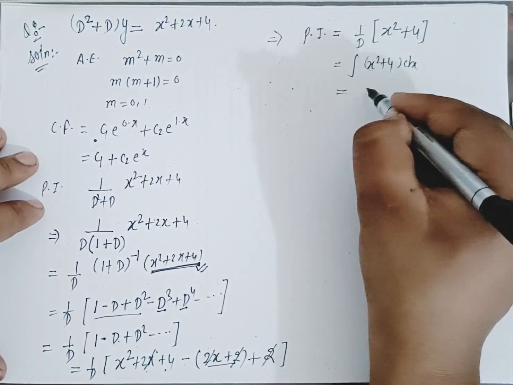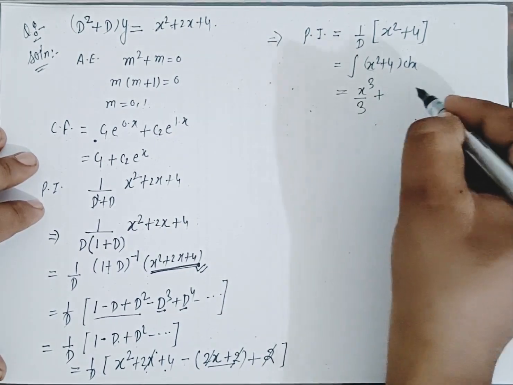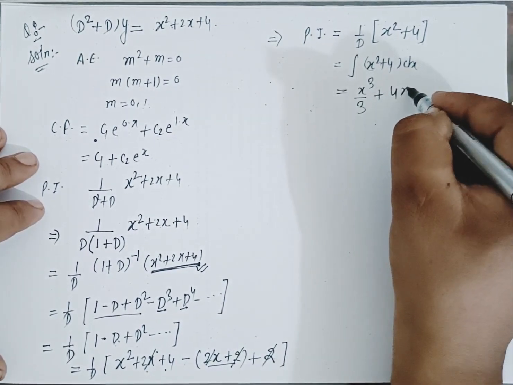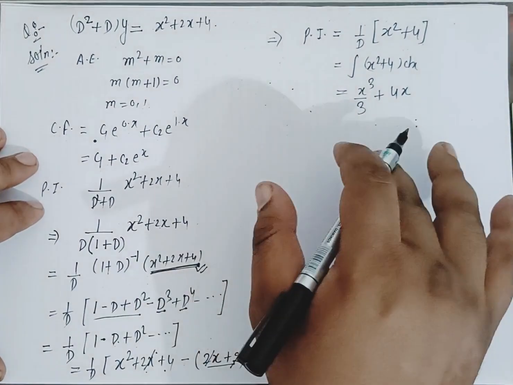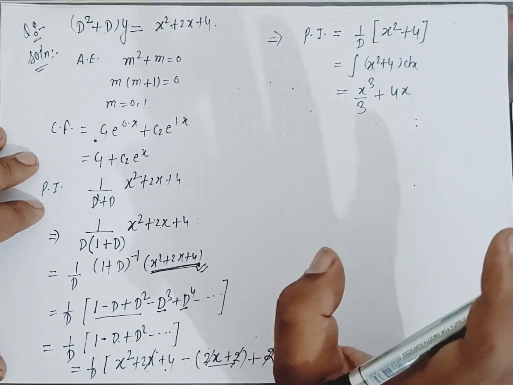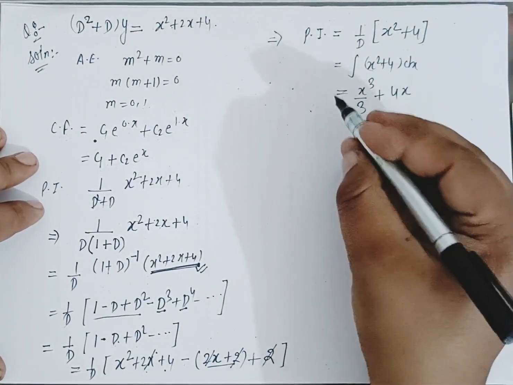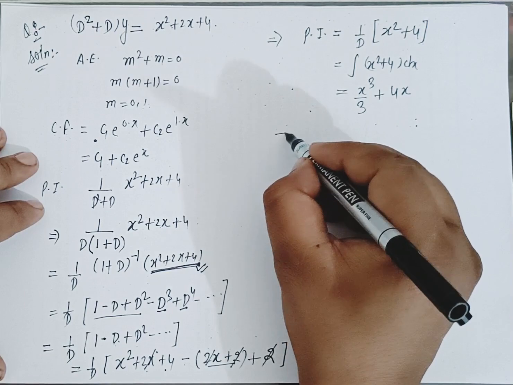Now come on, solve it. x square integration means x to the power 3 upon 3, and 4 integration means 4x, okay. And in PI, remember one thing, no constant will be added here, okay. Don't try to add a constant here. In the PI, it is always constant free.